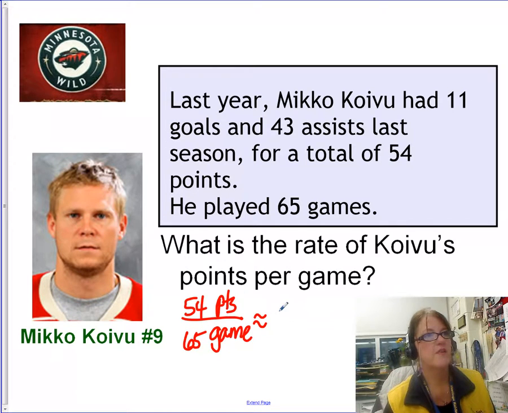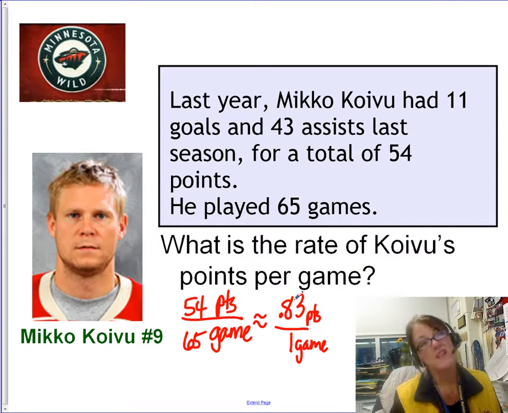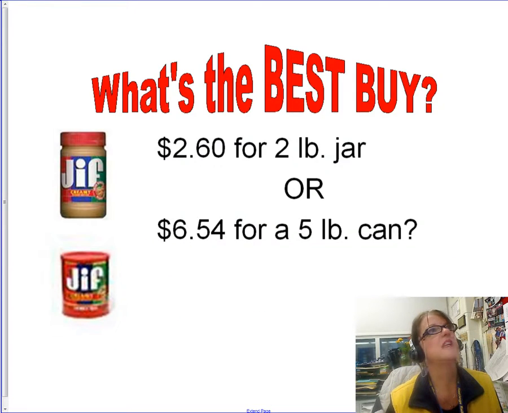So around 83 hundredths points per game. Now I know that's impossible. You either score or you don't, but it's close to a point a game, which means he's out there doing well. That's good. All right, next.